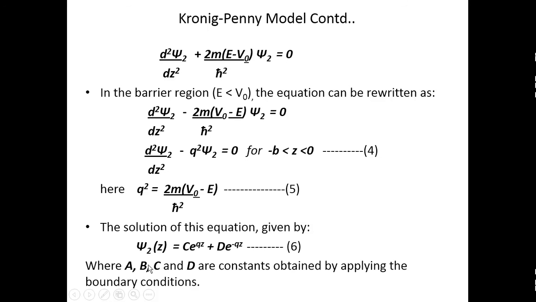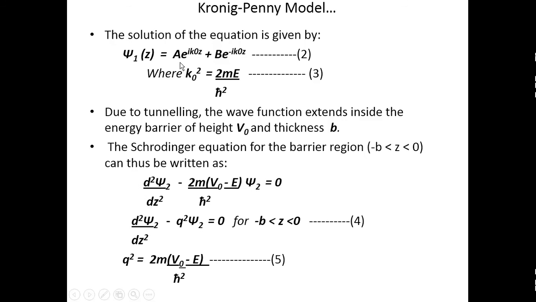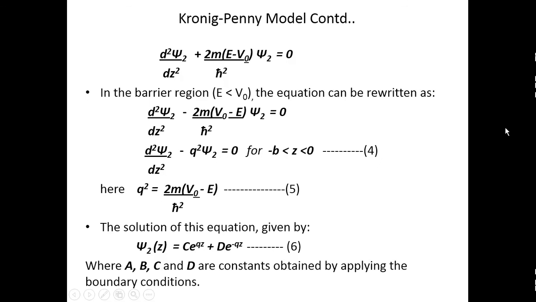And here you can see in the first case the solution is psi 1(z) is equal to A e^(ik0z) plus B e^(-ik0z). And in the case of the second equation, the second wave function psi 2(z) is equal to C e^(qz) plus D e^(-qz). That is equation 6. So equations 4, 5, 6 we have to mark.